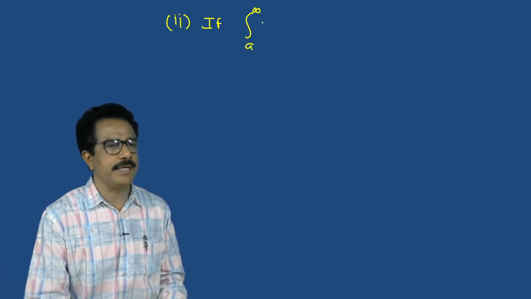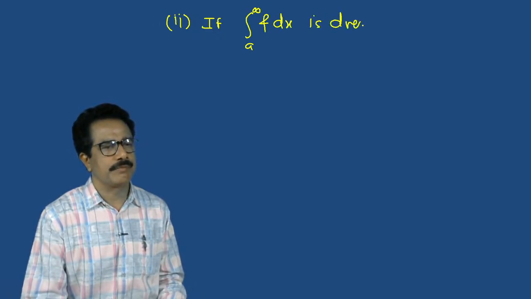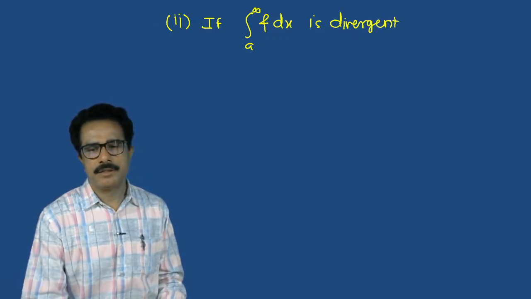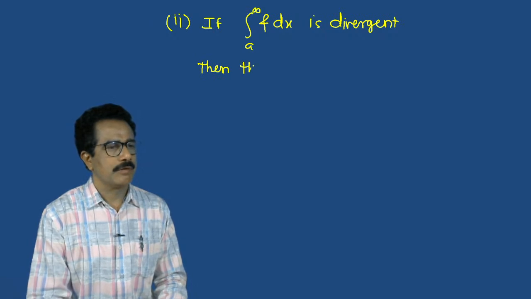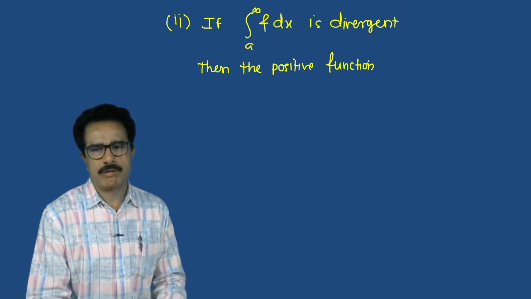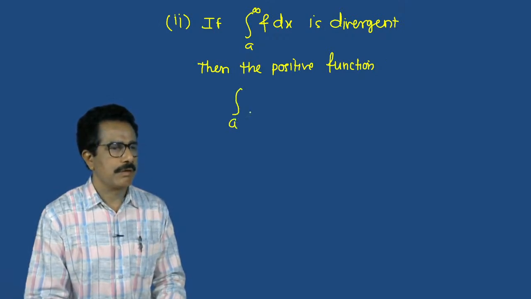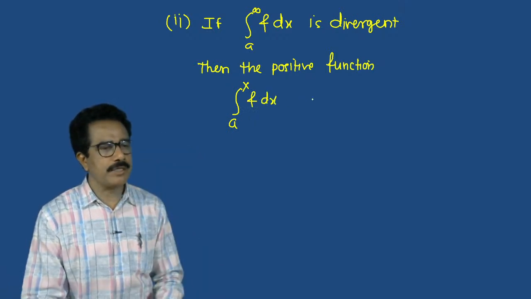Now second, if the integral from a to infinity of f dx is divergent, then for the positive function, the integral from a to x of f dx is not bounded above.